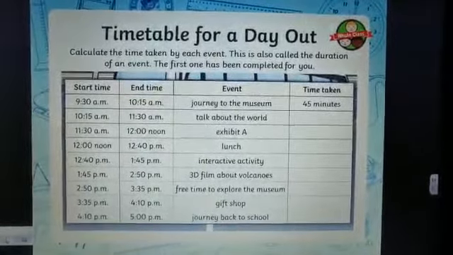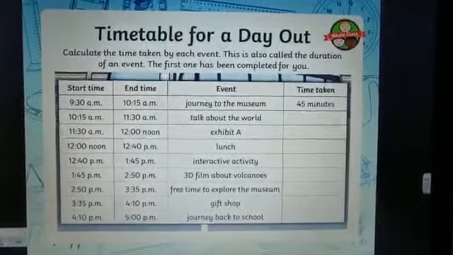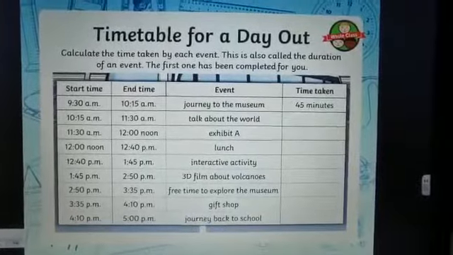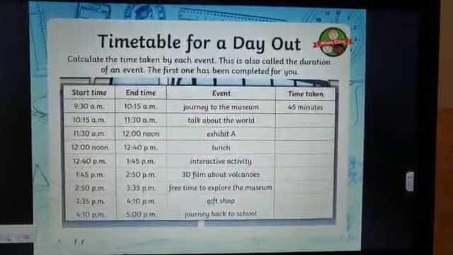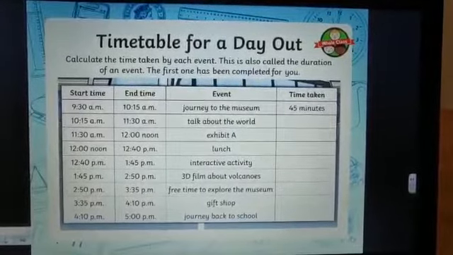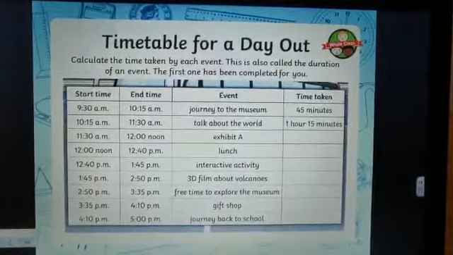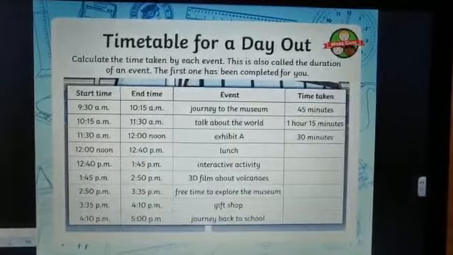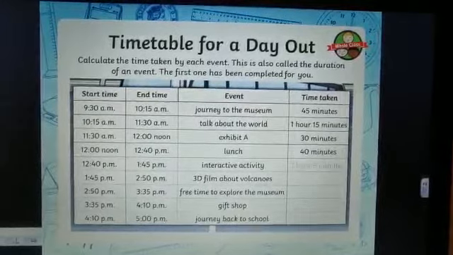So I'm very quickly going to show you the time that is taken for these activities, and then we're going to look at how we figure those out. So talk about the world took 1 hour and 15 minutes. Exhibit A took 30 minutes. Lunch took 40 minutes.